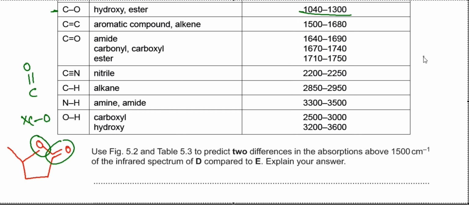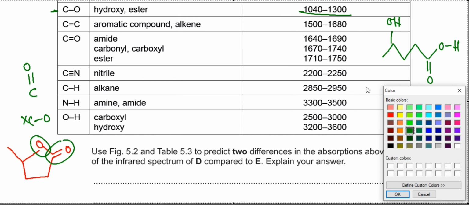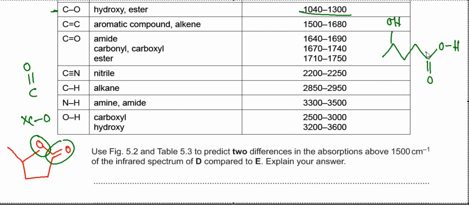Then I'm going to draw D. D was OH, then 1 2 3 4 5, and here I drew the carboxylic acid group. Now we have two functional groups here. One is a carboxylic acid, with two main absorptions.